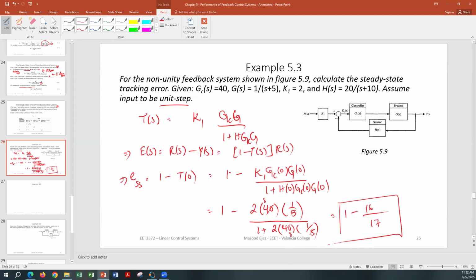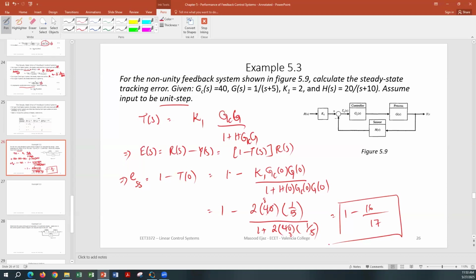So steady state error 16 over 17 is close to 1. It's not exactly 1. So steady state error, remember, is supposed to be 0 in general. We want at the steady state the output and input to look exactly the same. In this case, they're not. They're close to 1 because 16 over 17 is what? 0.9, 0.8, something like that. 0.94.